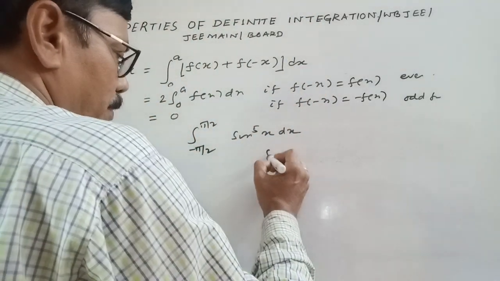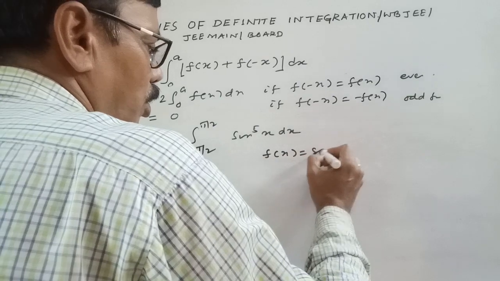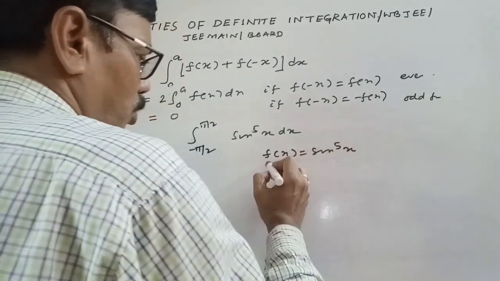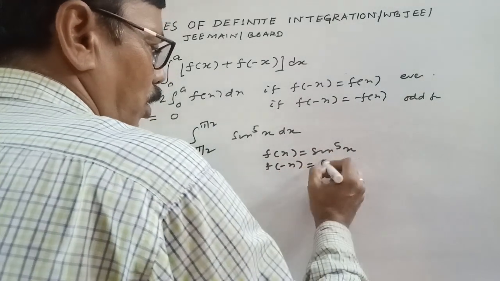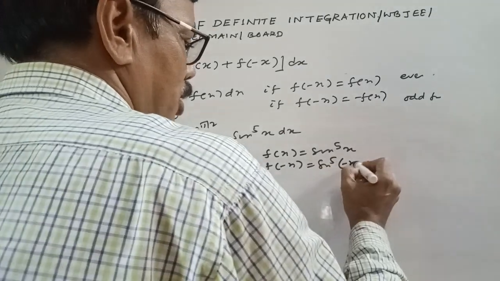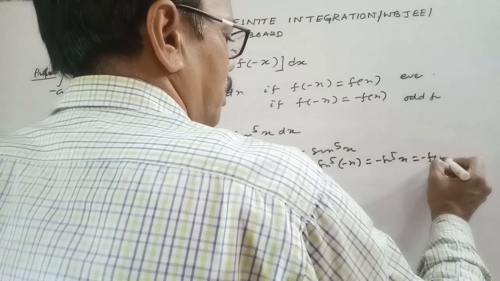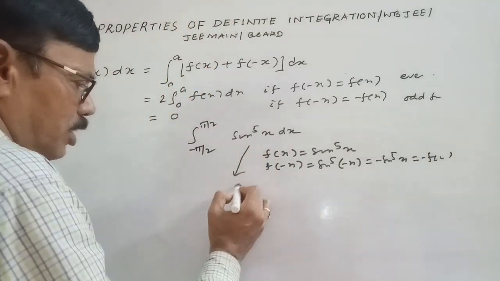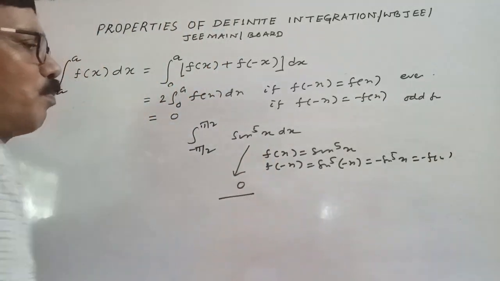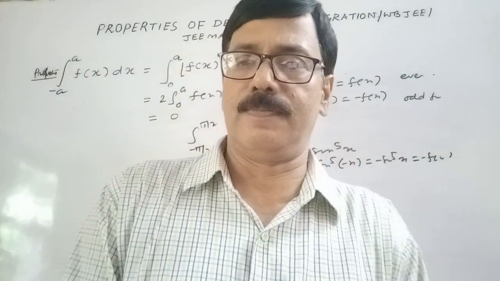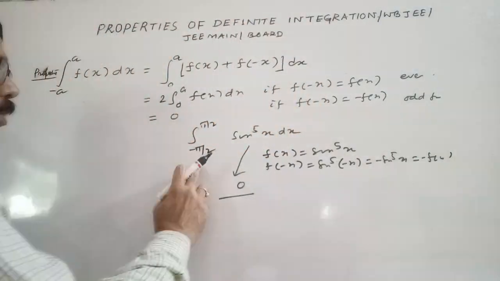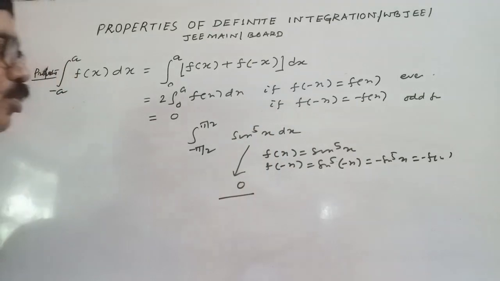So, whether it is even or odd. So, the power is an odd power. So, you know this is an odd function. So, what is the value? Value is 0. So, from the property of odd function, minus pi by 2 to plus pi by 2 is equal to 0.